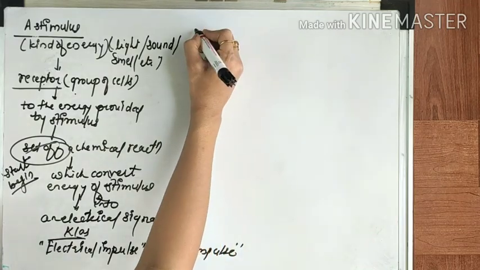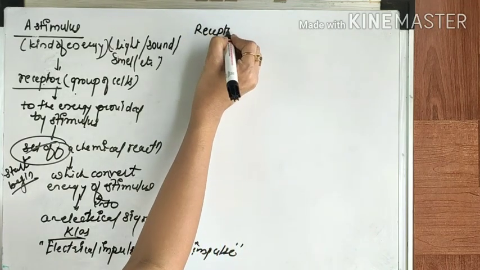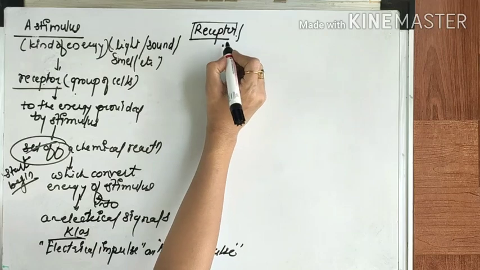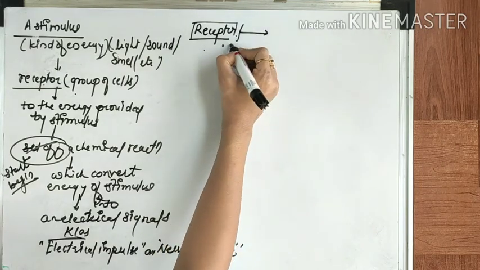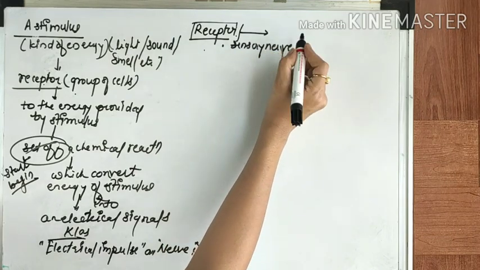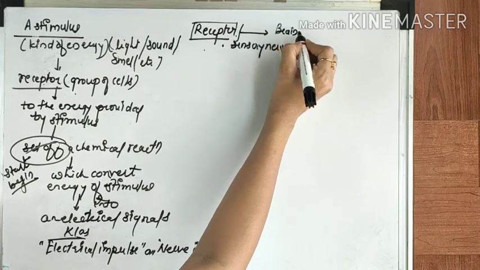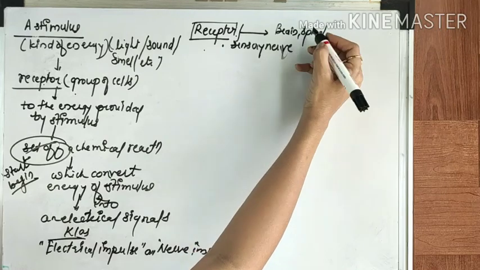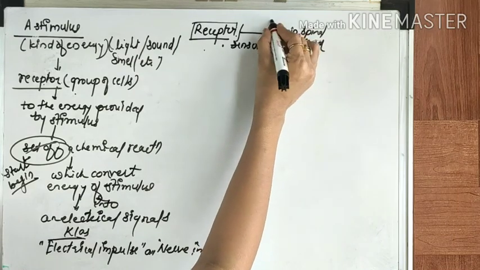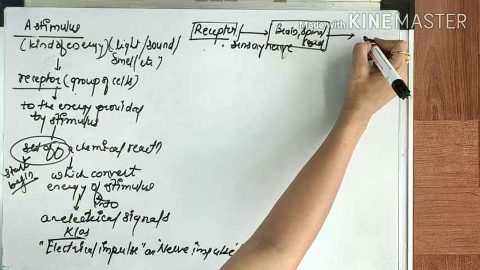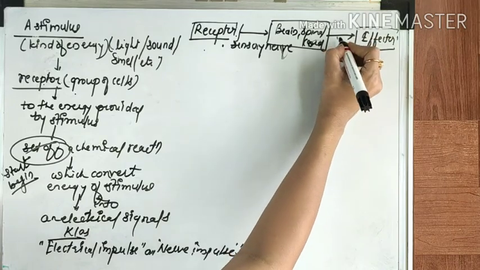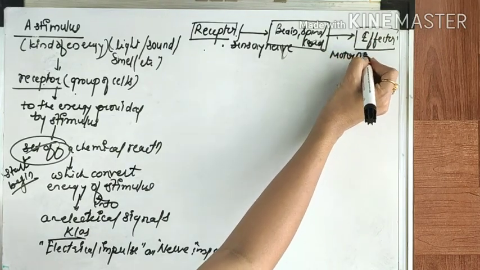So just like that, I'm telling you here, the receptors, where are they present? They are present in the sense organs. Then it travels through the sensory nerves to the brain and spinal cord, and then with the help of motor nerves it goes to the effector. I'm explaining slowly, just wait, don't panic.